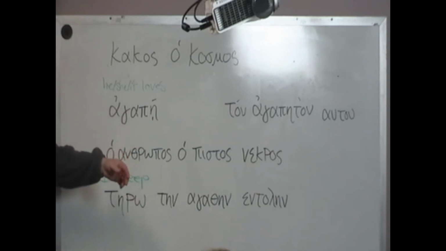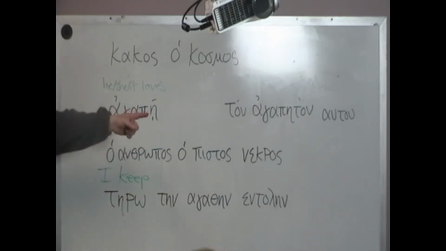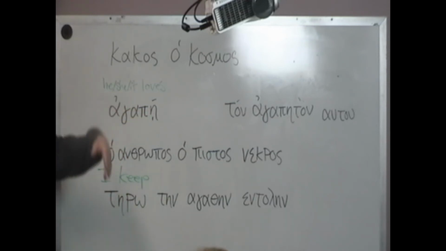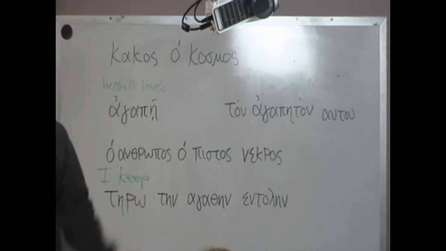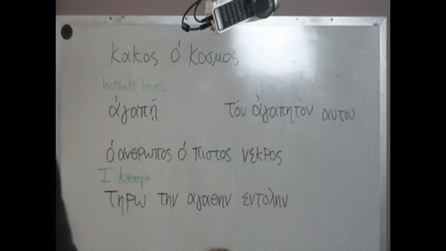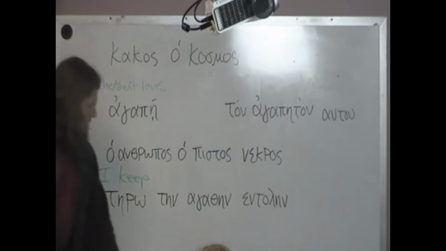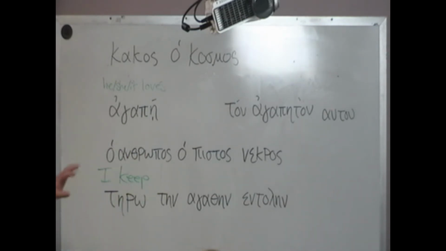He loves his beloved, or it loves its beloved. But just know that the verb contains a subject. Sometimes the author makes it explicit, sometimes not. He doesn't have to. So, I keep, that's our subject and our verb. So next we should look for what?